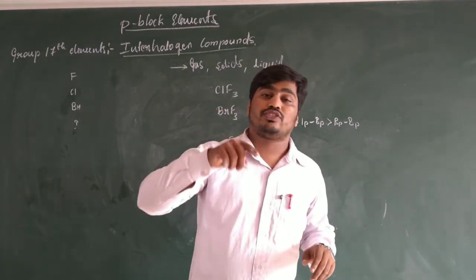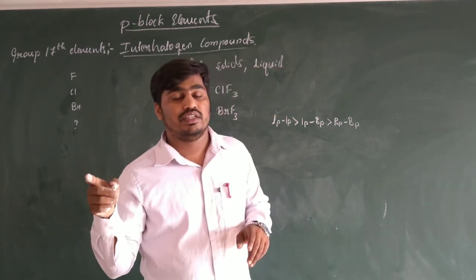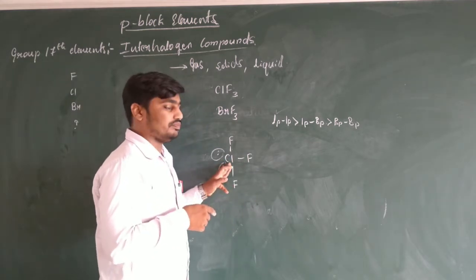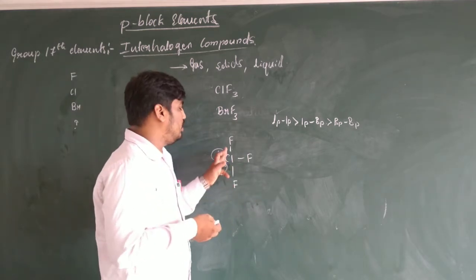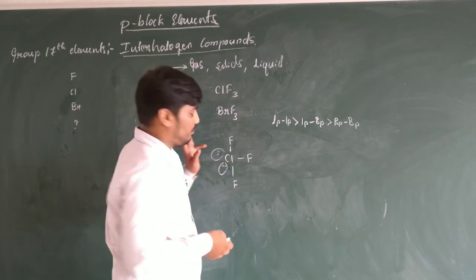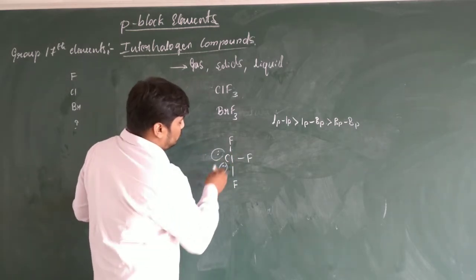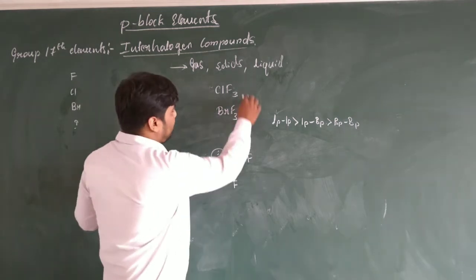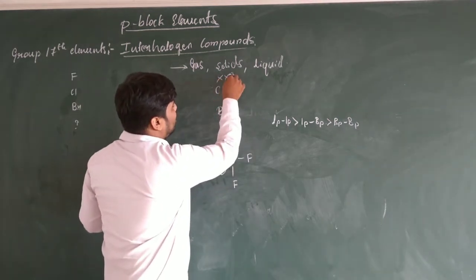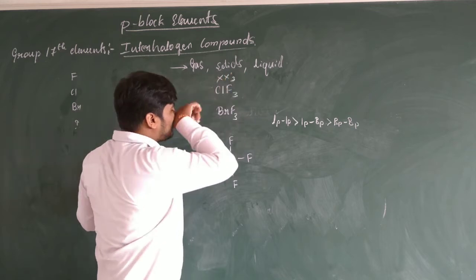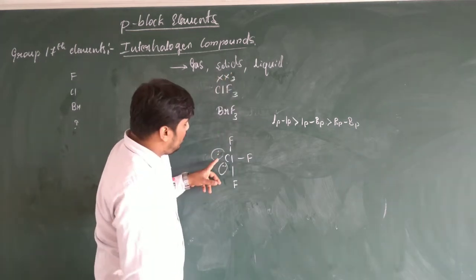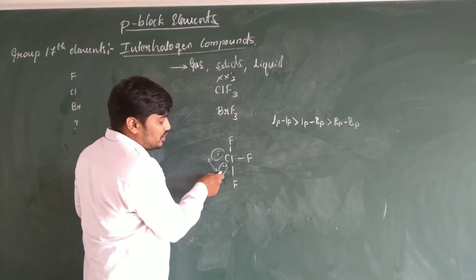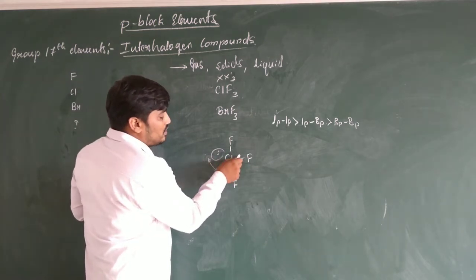Because of the seven valence electrons, s2 p5, a 10-electron system is observed. In the 10-electron system, two lone pairs are observed in XY3 type compounds. Here we observe more lone pair repulsion, and bond pair repulsion is less.